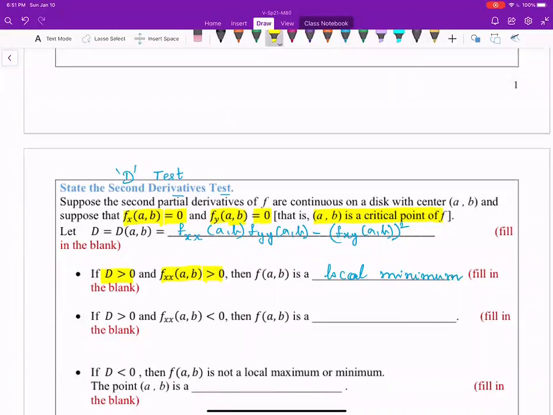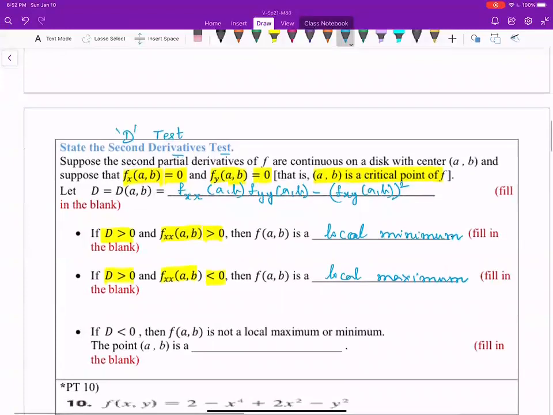If D is positive and the second partial derivative with respect to x at (a, b) is less than 0, then f(a, b) is a local maximum. If D is less than 0, then f(a, b) is not a local maximum or minimum. The point (a, b) is a saddle point.